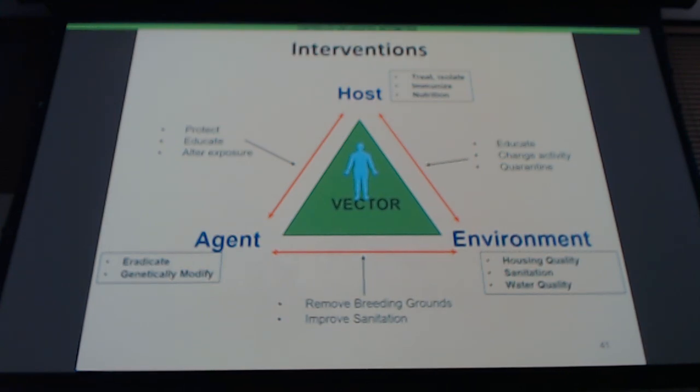We can protect the individual, we can educate the individual, we can alter exposures, we can change activity, we can quarantine, we can isolate, we can do a whole bunch of different things. So understanding where we can affect it is part of the key to this, right? If we understand where we can affect things, we can make change, right? And that's what this is all about.